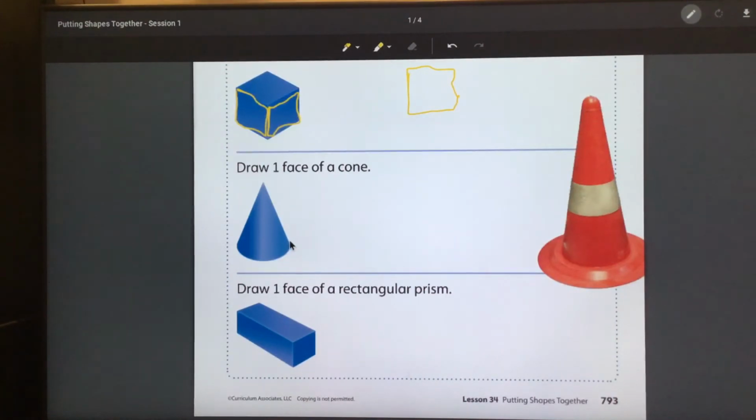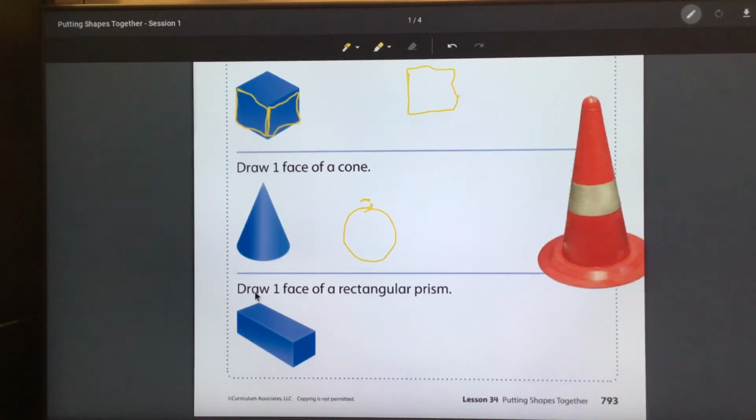If you had this standing on a piece of paper, like an ice cream cone upside down on your paper, what shape would you get if you traced the bottom of it? I hope you said a circle. The face of a cone is a circle. I'm going to do this with my finger so that it's a little bit more straight. There we go. So that is a circle.